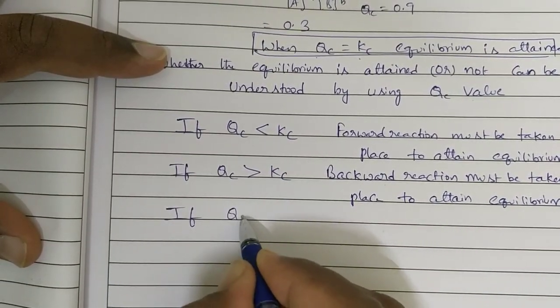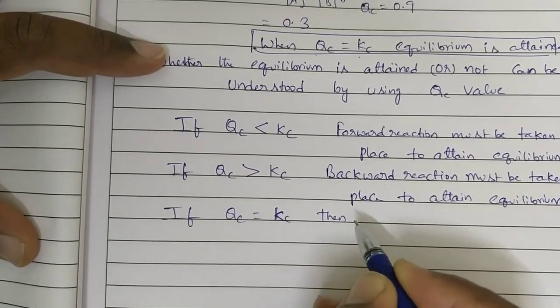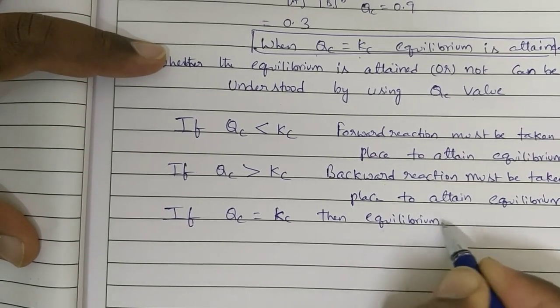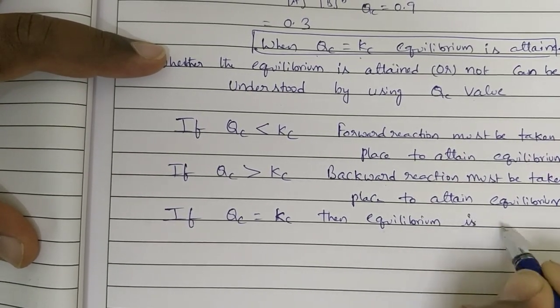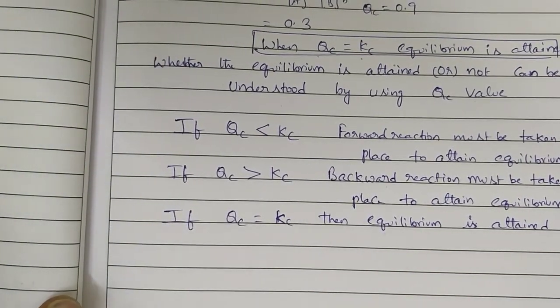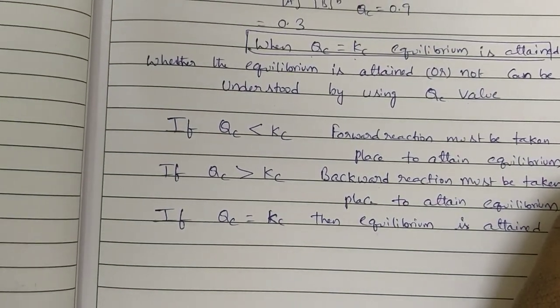If QC is equal to Kc, then equilibrium is attained. These are the points we will come to know by using reaction coefficient.